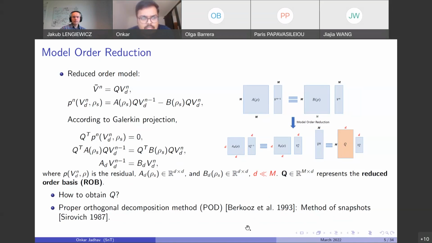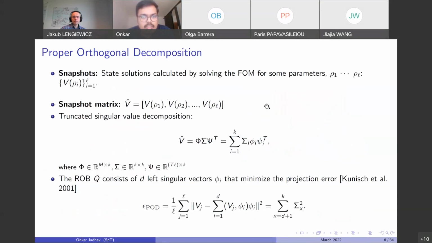These snapshots are nothing but the state solutions calculated by solving the full order model for some training parameters, let's say from rho 1 to rho L. Now we combine these snapshots into a single matrix called the snapshot matrix and compute its truncated singular value decomposition as shown here. The reduced order basis Q consists of D left singular vectors that minimize the projection error. I will talk about the errors associated with model order reduction in a bit more detail later on.